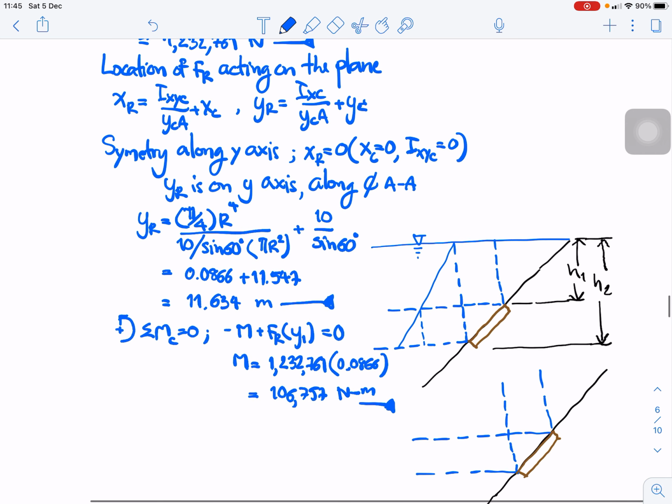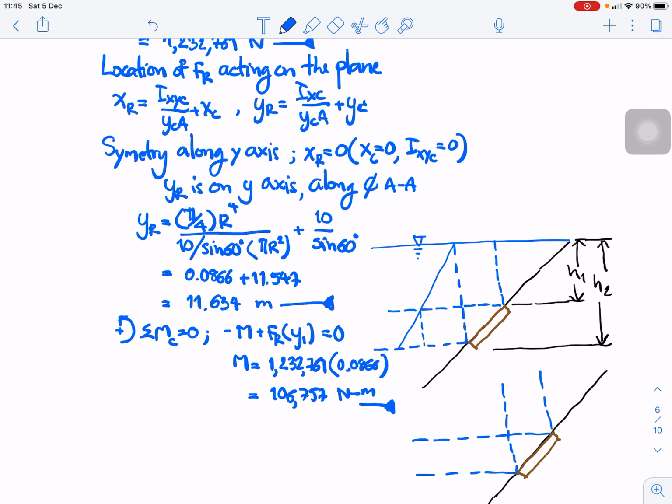Why did we do this problem this way? We can also solve this problem using the method of prism, but this shows how to use the method of prism to solve it.